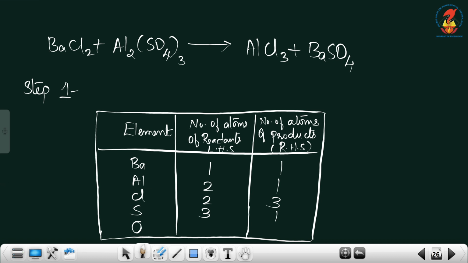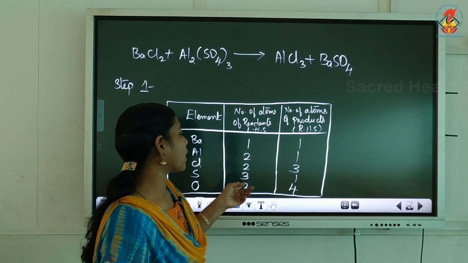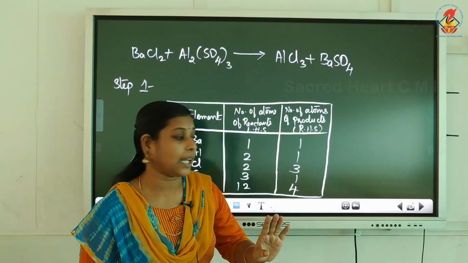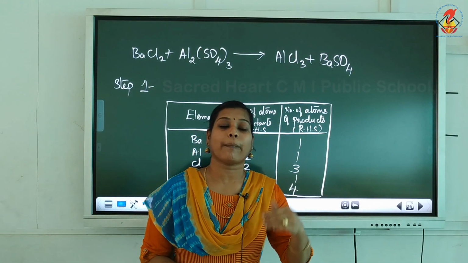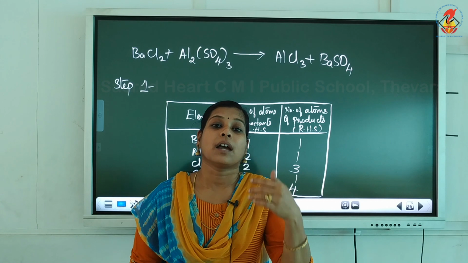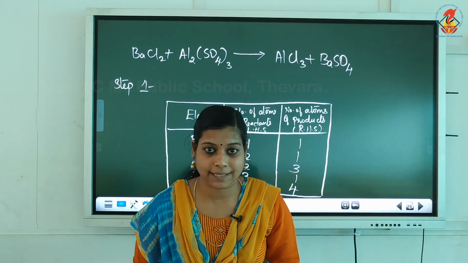And oxygen: 4 into 3, 12 are there, and here it is only 4. So the number of atoms of different elements on both sides is not equal. Definitely we have to go with balancing in order to make the reaction obey the law of conservation of mass.